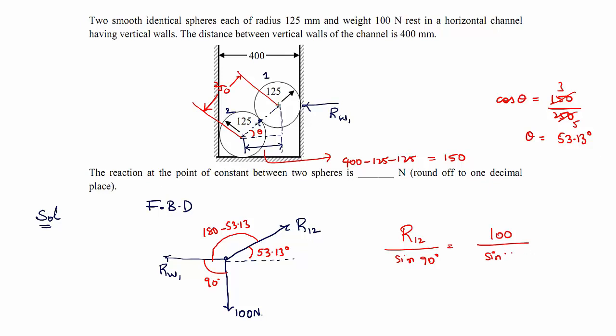So it is sine of 53.13, which is approximately 0.8. Sine 90 is 1. So R12 is 100 by 0.8, which is equal to 125 newtons, the reaction force at the point of contact. Okay, this is the end of the question.